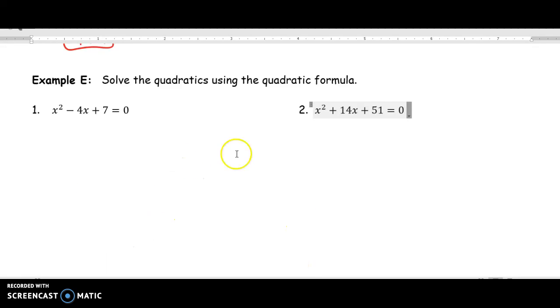So if you remember when we initially solved quadratics, the first thing we do is find the discriminant. And we said if the discriminant is equal to 0, the quadratic would have one solution. If it's equal to a positive number, it would have two solutions.